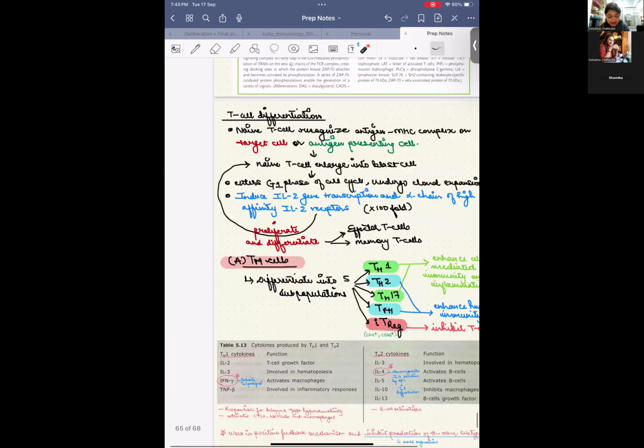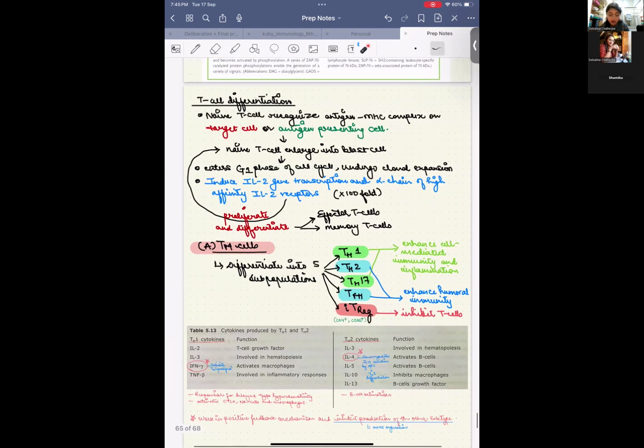So, along with the cell cycle re-entry, it is also important that the IL-2 gene expression levels go up, and the alpha chain of a higher affinity now replaces the initial alpha chain that was associated with the beta chain of the IL-2 receptor during the time of development.